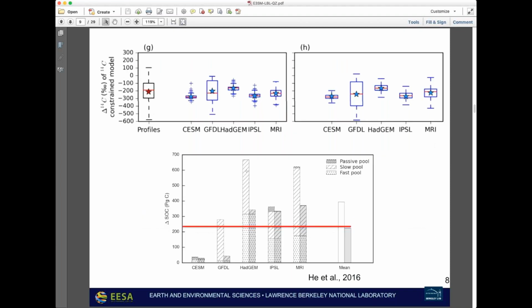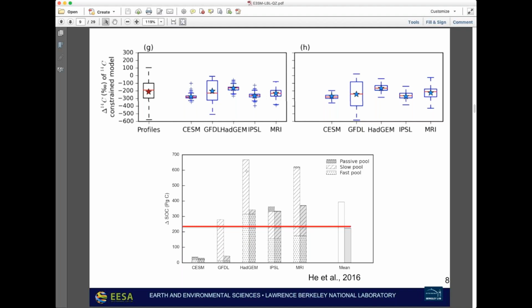And so what they did, they went one step further to correct the Delta 14C signal for those Earth system models, and also tried to infer how much the soil carbon stock would change given this radiocarbon constraint.